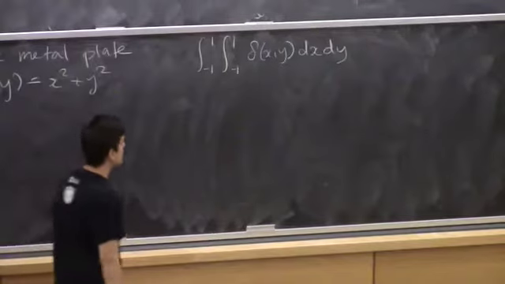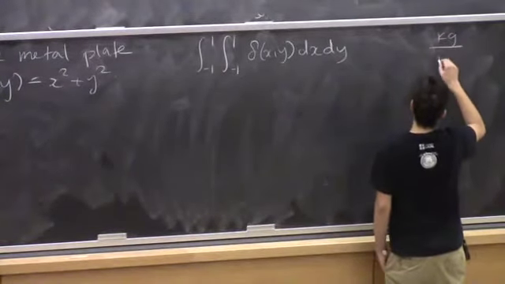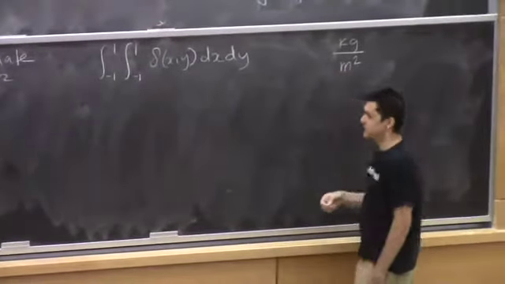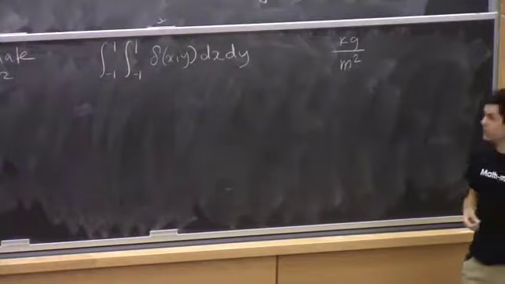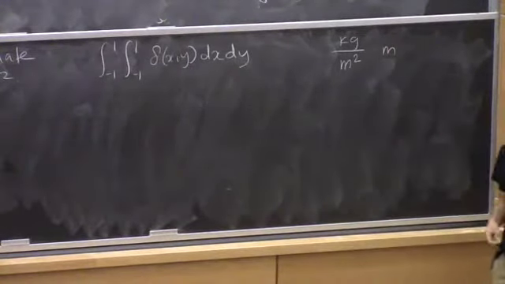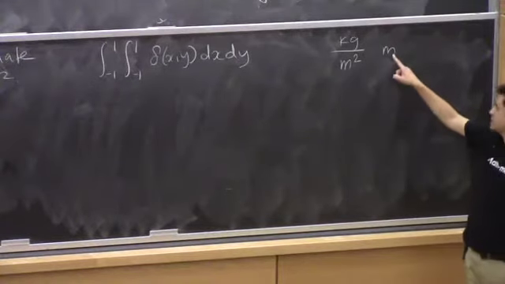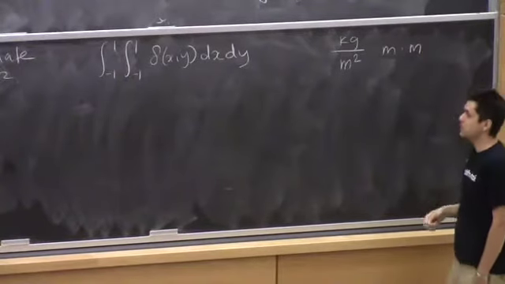Now the units here should be, the density should be weight per unit of area. And then we multiply that by dx. So that gives us a measurement of length times a measurement of length again.